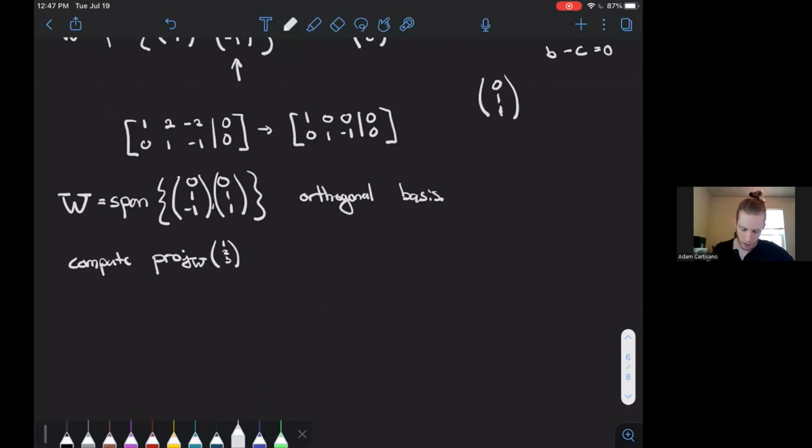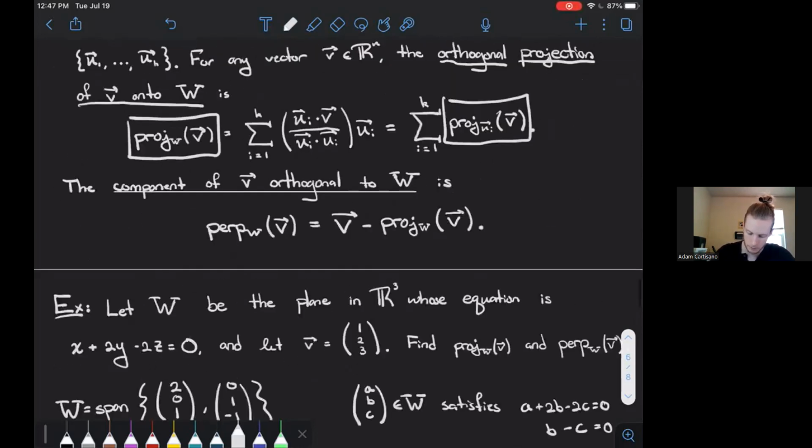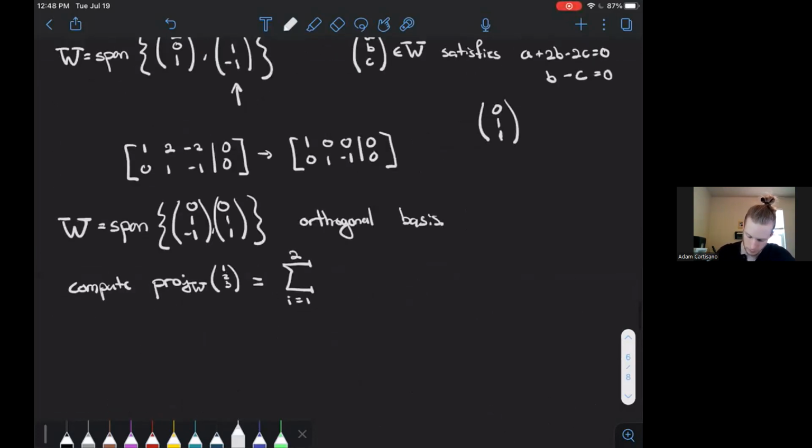We can do that. It's the sum from i equals 1 to 2, which is really dumb. I'm just reading this off the formula of proj. Let's call these U1 and U2, that way we're not crazy.